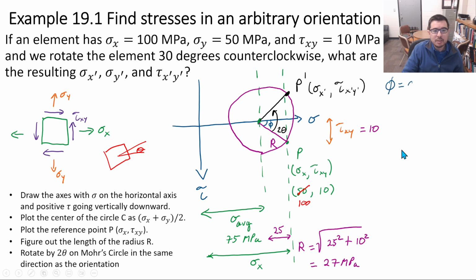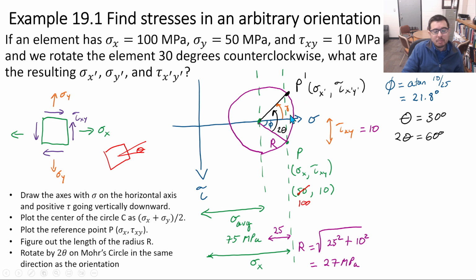It just gives us an opportunity to write out, okay, this is where I am. This is what the angle of that line is. And then we're going to go 2 theta. We're going to go 60 degrees around. And then we can get to our new point, P prime.